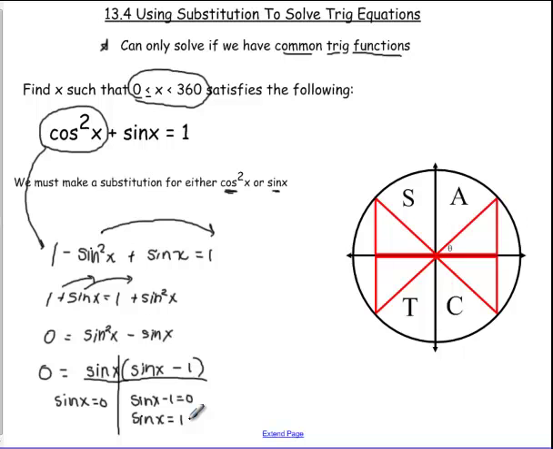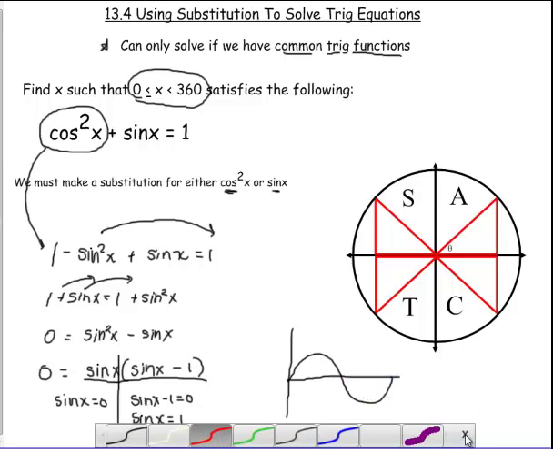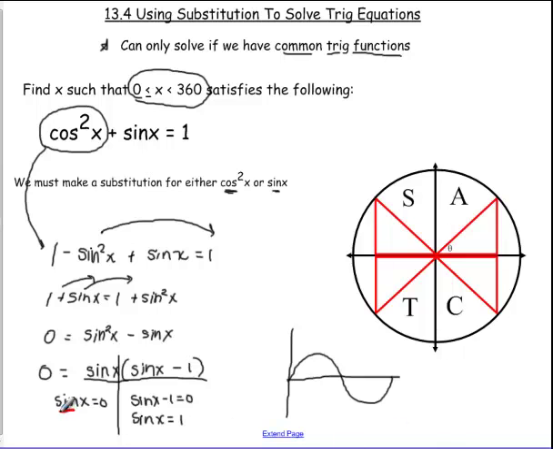Now, I could use my unit circle, but I'm going to use my waves. I know this is what a sine wave looks like. And they're asking me, where does my sine wave hit 0? It hits 0 in 3 places. So my answers would be 0, 180, and 360.